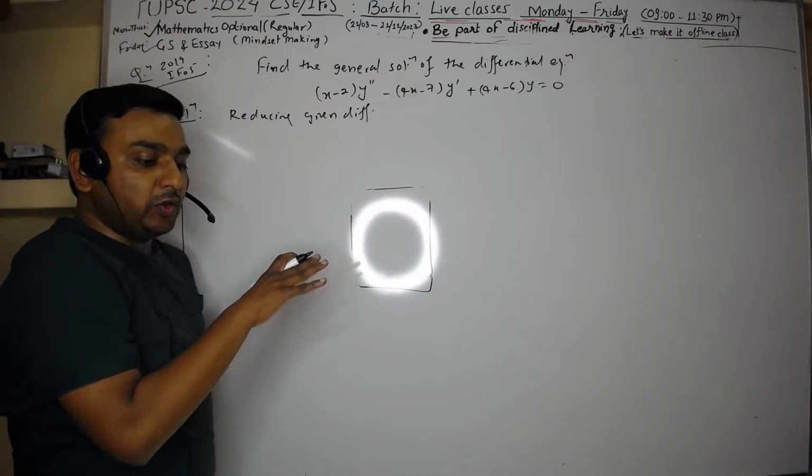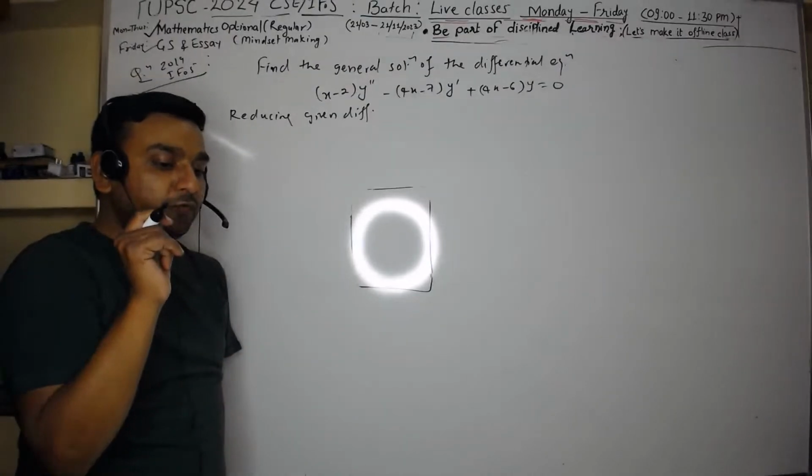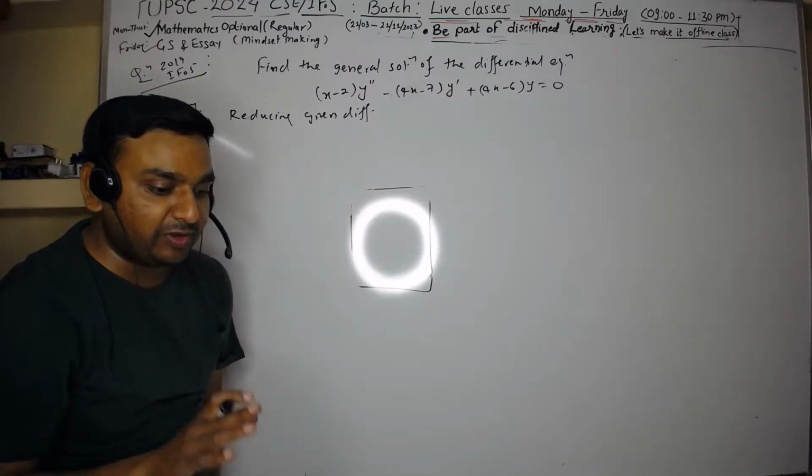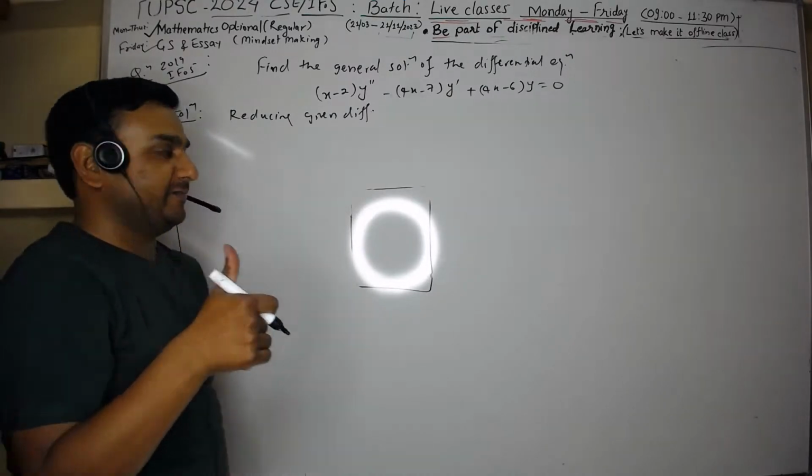See, I am writing all the steps which you need to follow. Harish, divided by, then apply normal form. Very good, Harish.